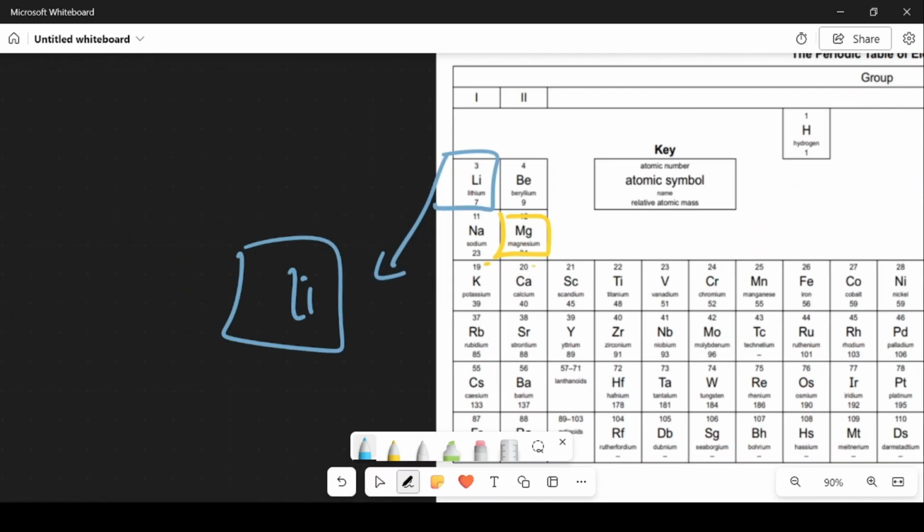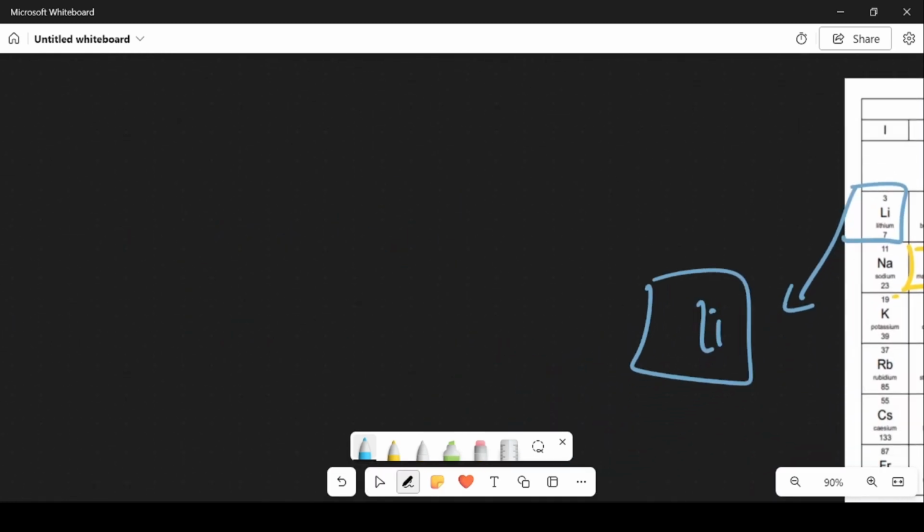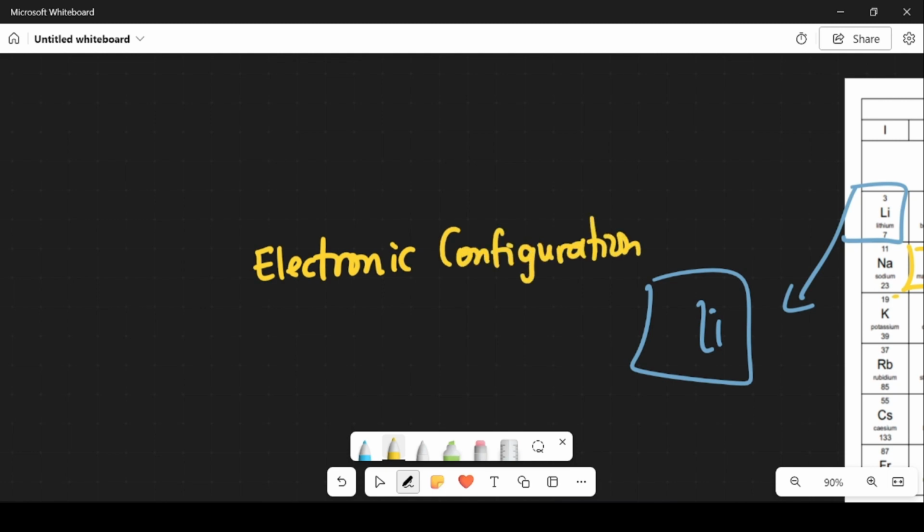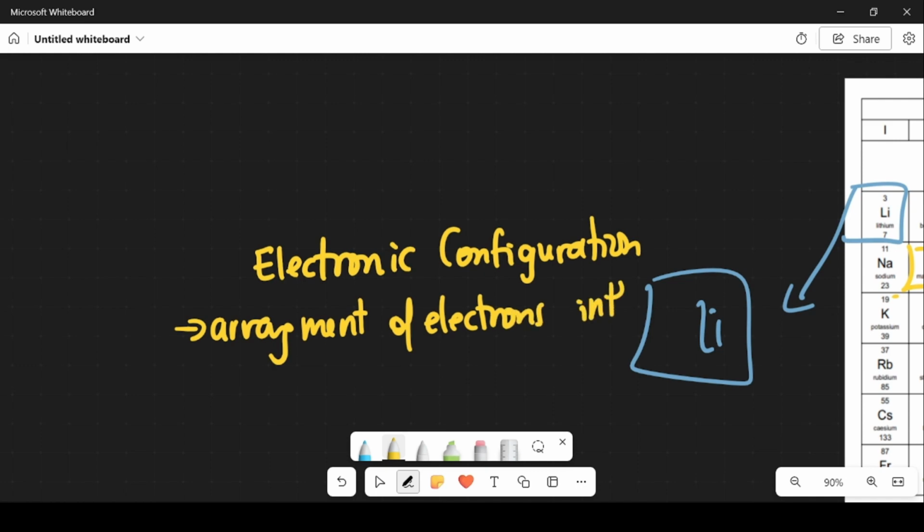Now let's do a little bit of the basics of how you do electronic configuration, all right? So electronic configuration basically is the arrangement of electrons in the electronic shells.